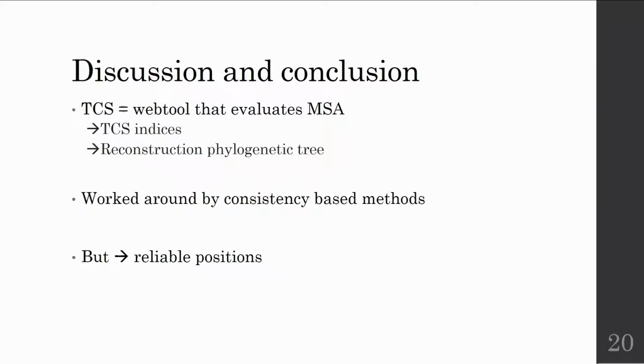So eventually TCS is a web tool that evaluates multiple sequence alignments, and it does this using these TCS indexes. And with these TCS indexes, we can weigh our output and try to reconstruct phylogenetic trees.